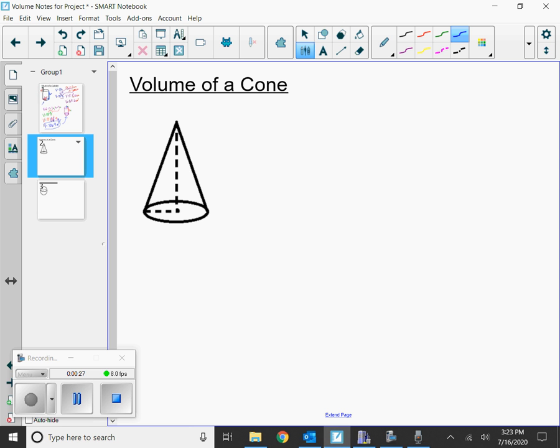To find the volume of a cone, we want to use a formula that is V equals 1/3 pi times the radius squared times the height. Notice that pi r squared times the height is what we just talked about as the volume of a cylinder.